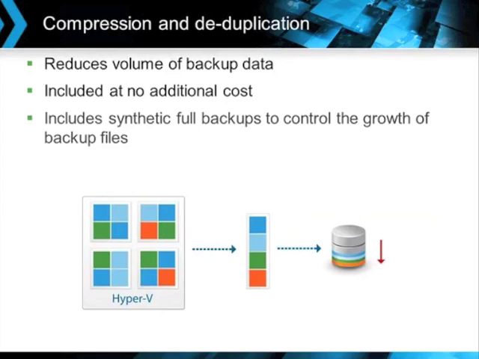So built into the solution with Veeam Backup and Replication, we have the ability to do deduplication on our backups. And in our case, when we deploy this for our customers, we've seen a reduction of over 50% in the backups.